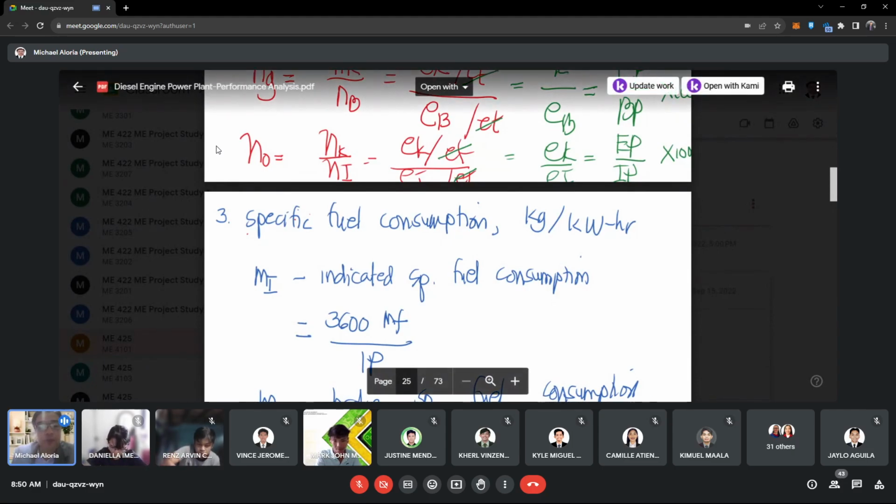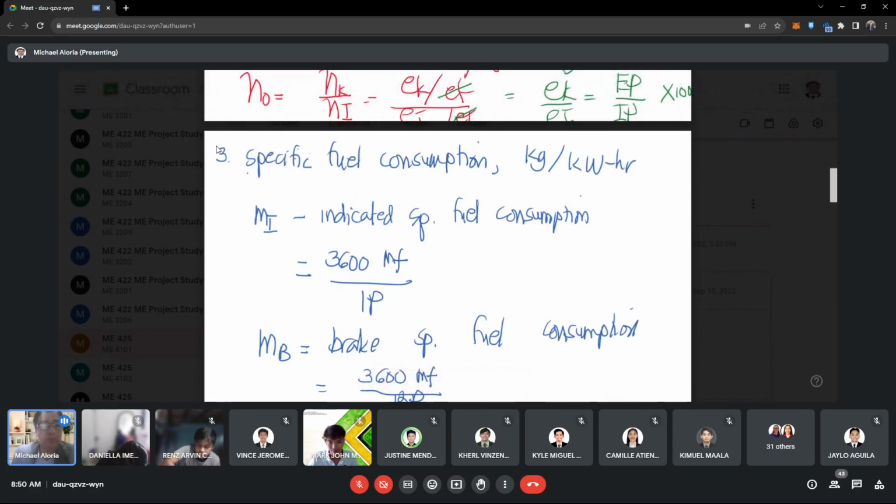If you are going to measure your indicated specific fuel consumption, we have the relation 3,600 times MF over IP, the mass of fuel over your indicated power. The 3,600 is just a conversion factor.